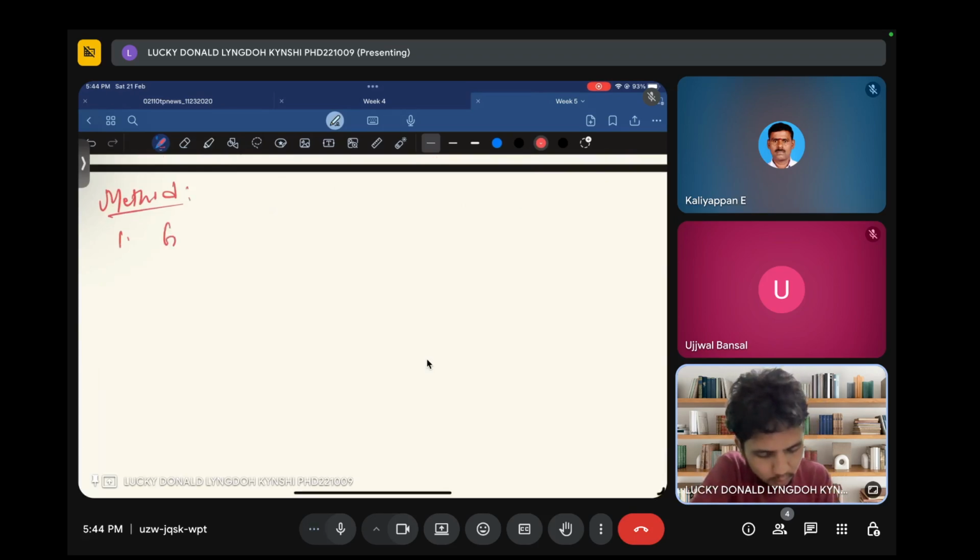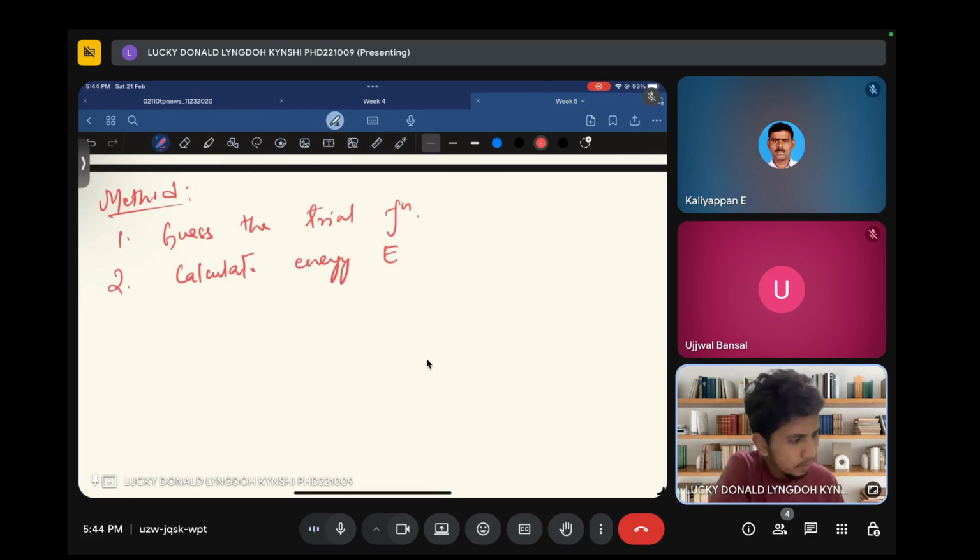First, guess the trial wave function. Second, calculate the energy. This energy is a function of some constant term alpha.